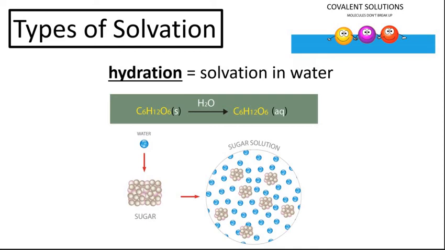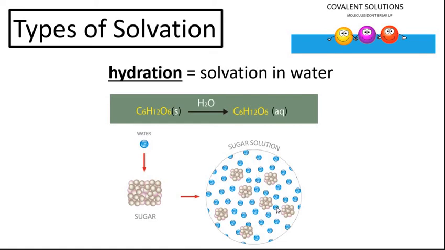Now what you can see, we have this cute little image up here, is that in covalent solutions the molecules don't break up. So you take this sugar molecule here, you dump it in the water, and what you'll see is you still have these complicated sugar molecules. They don't separate. The atoms that make up that sugar, the C6H12O6, are all still together.